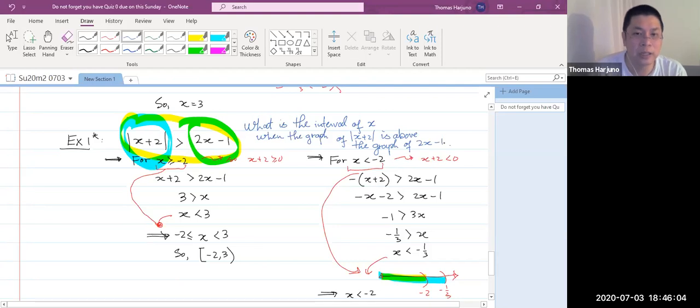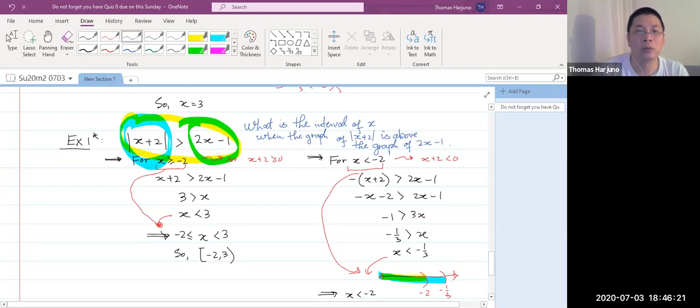Now, in this class, I don't let you use a graphing calculator, because it will give you the picture, but will not give you the exact solution. But at least it helps us with the interpretation.